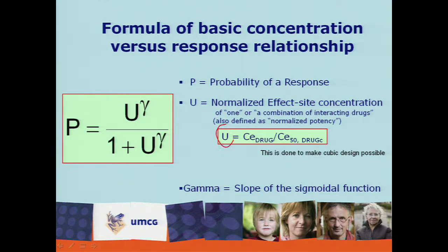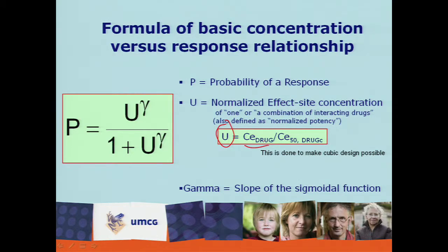So that U is the normalized effect site concentration of a specific drug. And that's the formula: the specific effect site concentration of that drug divided by its EC50 in that population that you're studying.